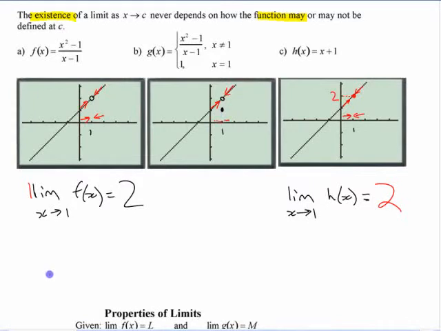You need to realize that it doesn't matter that this is defined as 1. The function is headed for 2. That's what its limit is. Its limit is 2. Okay, the limit of all of these. The limit as x approaches 1 of that function, g of x, equals 2. Okay, so this is the important one. Especially this one.